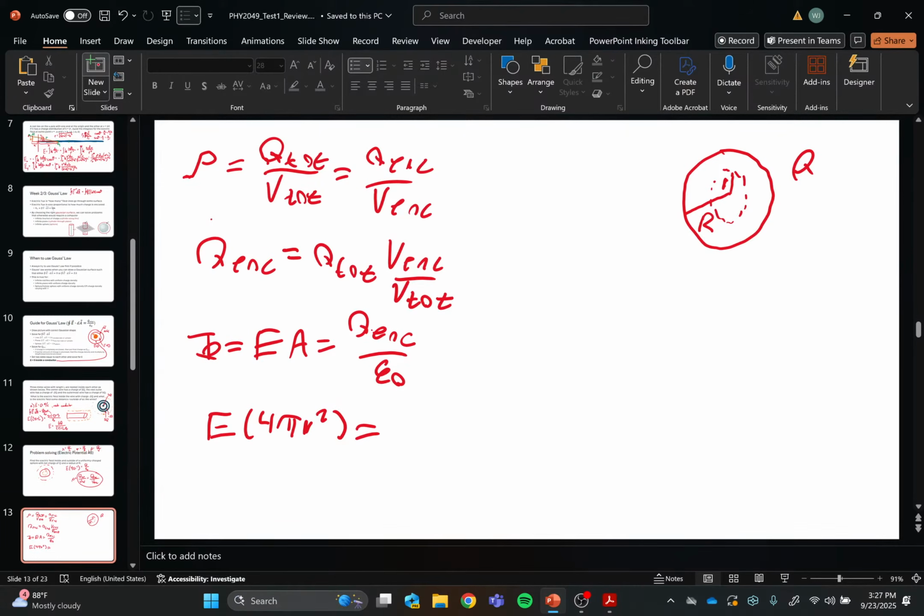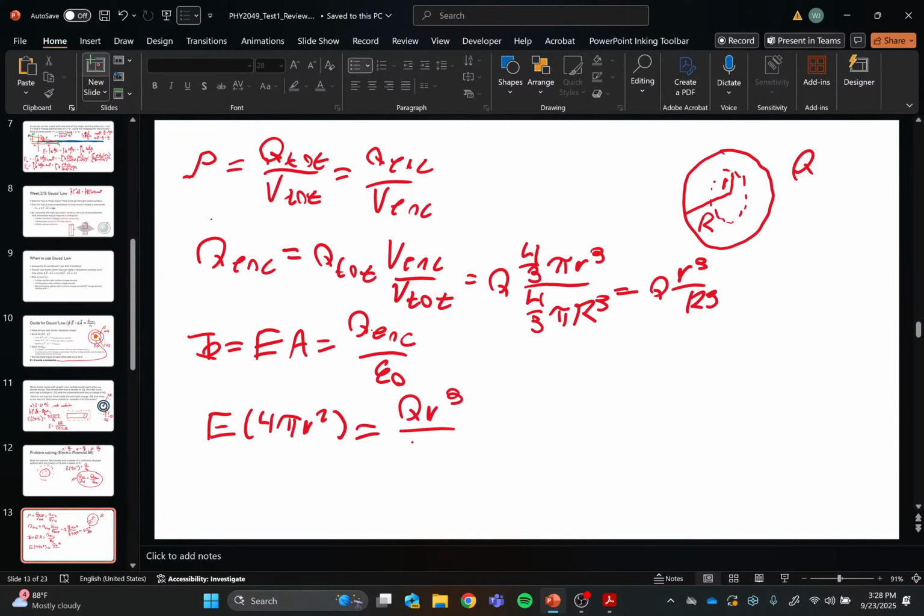The total charge is just Q, and our enclosed volume is 4/3 pi little r cubed over 4/3 pi big R cubed, so this is just Q times little r cubed over big R cubed. We plug that back in and get Q little r cubed over epsilon naught big R cubed.